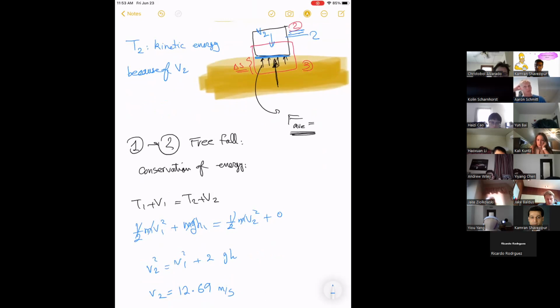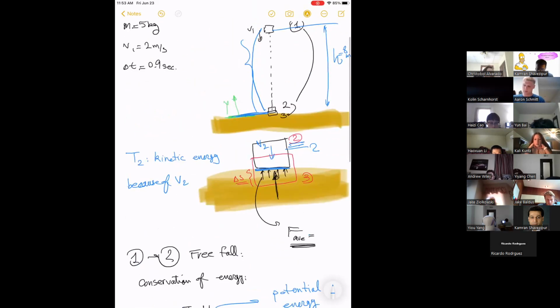Please forgive me, but that's the problem with the notation the book uses. This V is velocity. This V is potential energy. I wish they would have used something different, right? And that's why, because you see, this is my base.